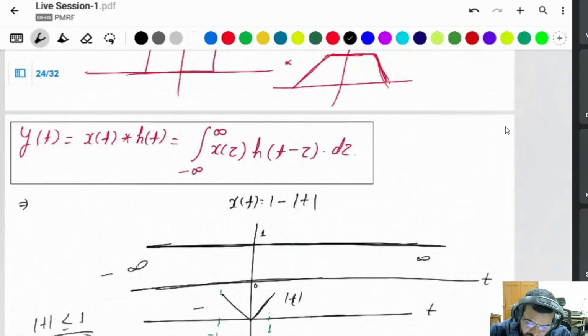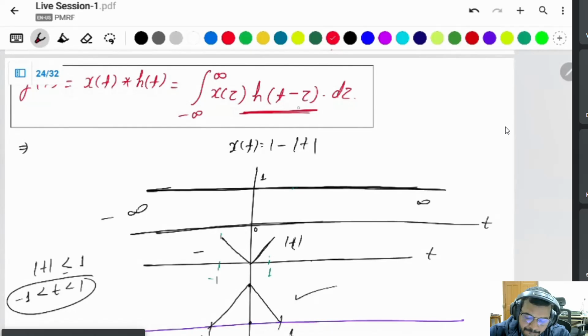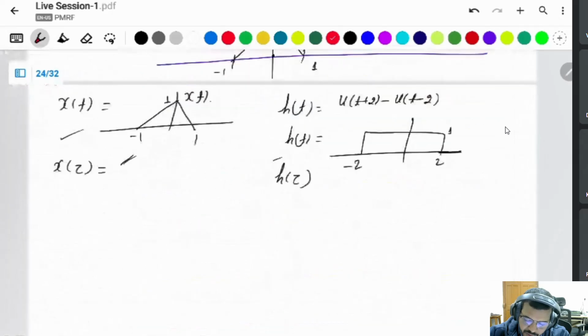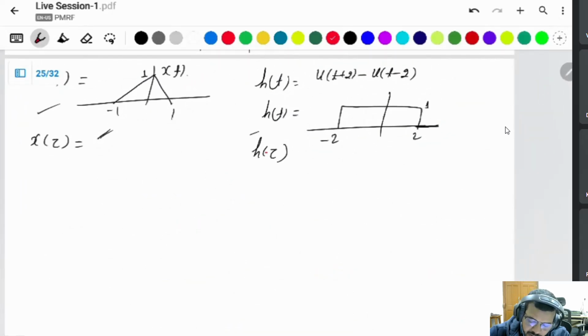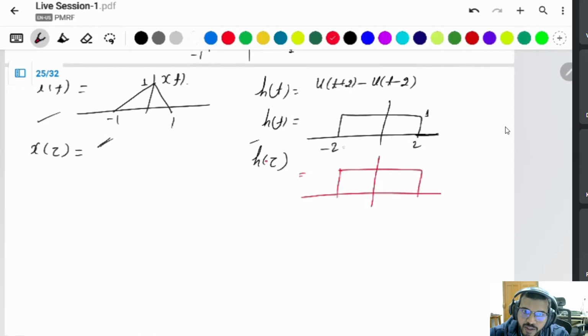Then you have to calculate h(t minus tau). Because of the negative sign, you can flip it into a mirror image of this signal. It is the same as this signal, because minus 2 becomes 2 and 2 becomes minus 2, so the same signal occurs.